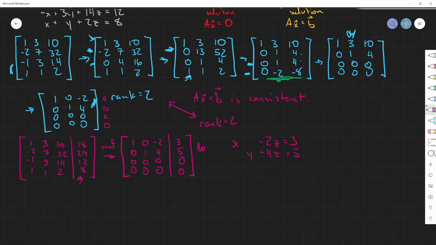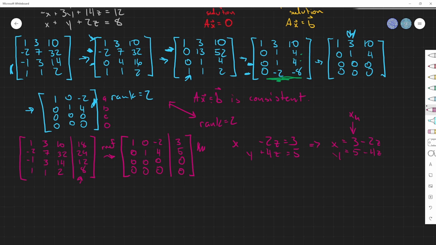And so now we've got to find the kernel, so we could just put x is equal to 3 minus 2z, y is equal to 5 minus 4z, and not to mention our kernel is actually our particular solution. And then our homogeneous solution, well, it's just this part. This is our homogeneous solution, HA.